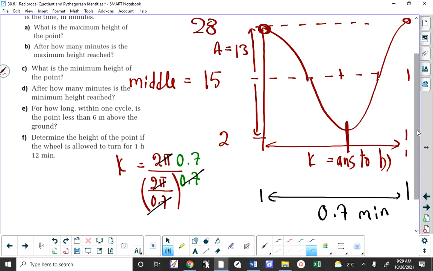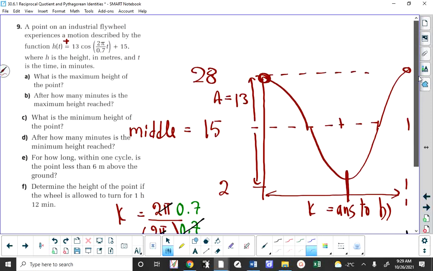Now for E and F, well, let's do F first. For F, if you want to determine the height of the point after 1 hour and 12 minutes, 1 hour and 12 minutes is 72 minutes. Does that make sense to you, where I'm getting 72 minutes from?